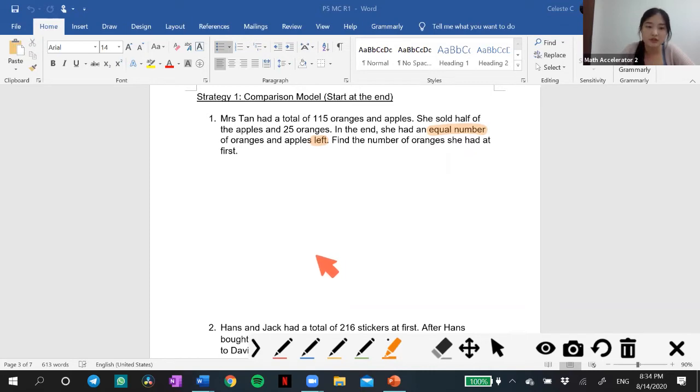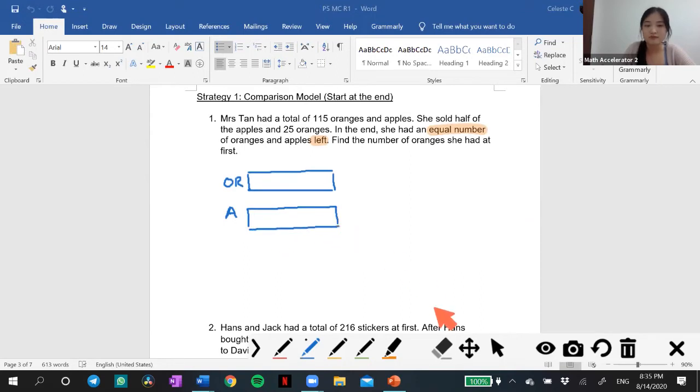Right, so this question, the equal stage is at the very end. So let's draw that first. Oranges and apples equal. Since we are starting at the end, this is whatever is left, we have to work backwards. So we are adding back whatever was sold.